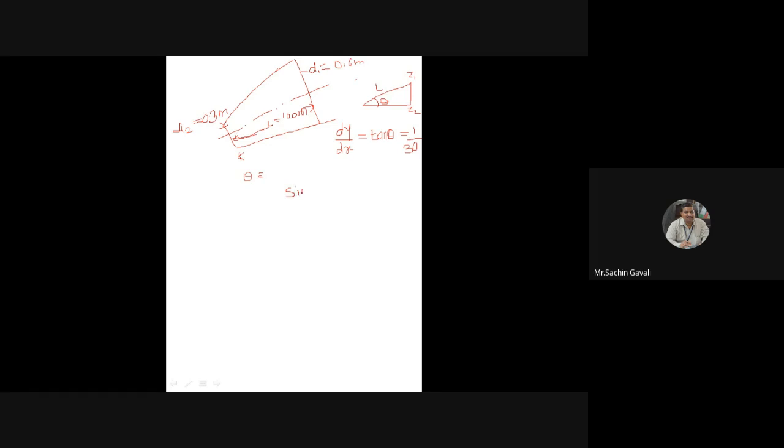Sin theta is equal to Z1 minus Z2 divided by L. So somebody has to calculate theta. Tan theta is equal to 1 by 30.